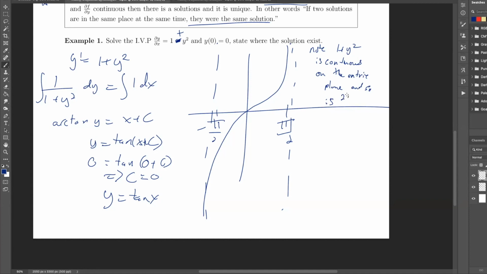And so is its derivative with respect to y. However, the solutions only exist in this area because after this we lose it. The solution only exists for a small window. And so even if there is a solution, it doesn't mean there is a solution for all time.